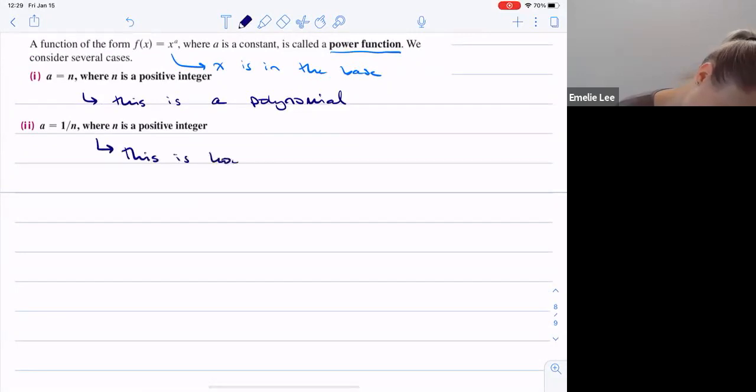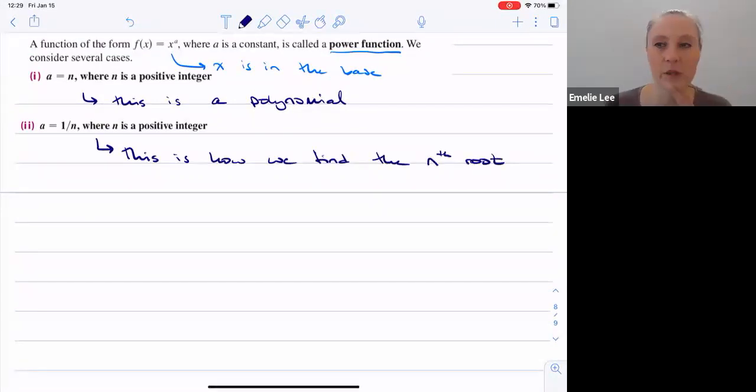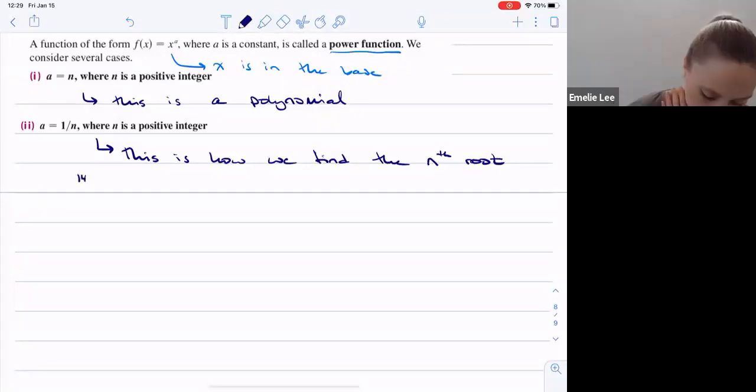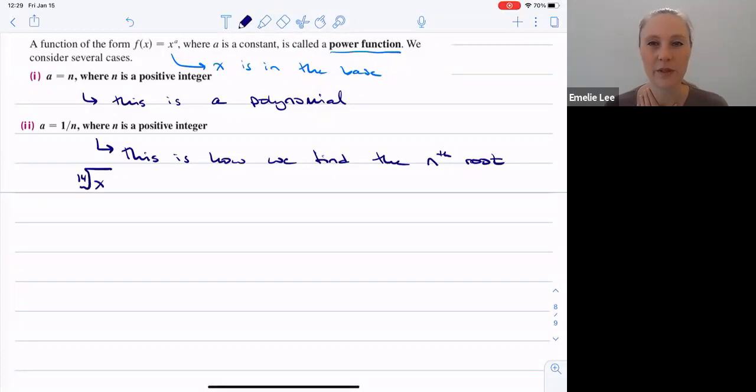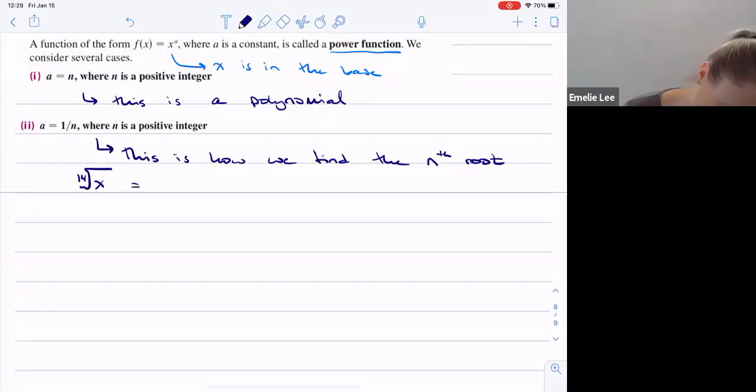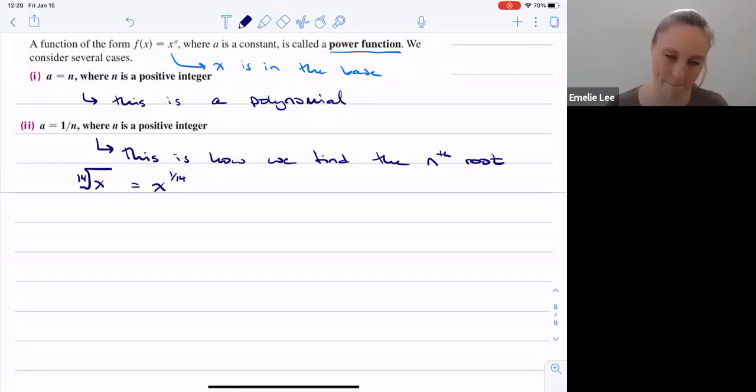This is how we find the nth root, right? If you need the 14th root of x, right? Kind of putting the 14 inside that hook, right? So the 14th root of x, how you do it on your calculator is you take x to the power of 1 over 14. So this is the same as x to the power of 1 over 14.